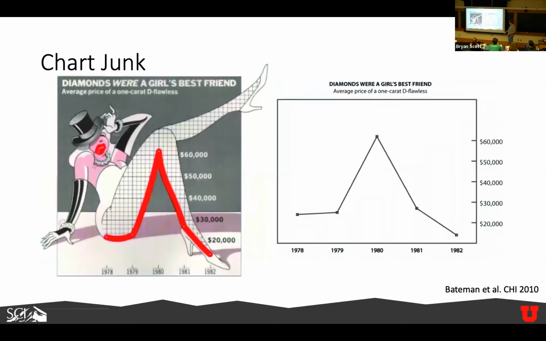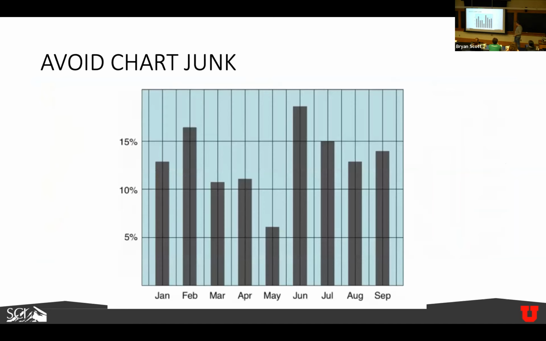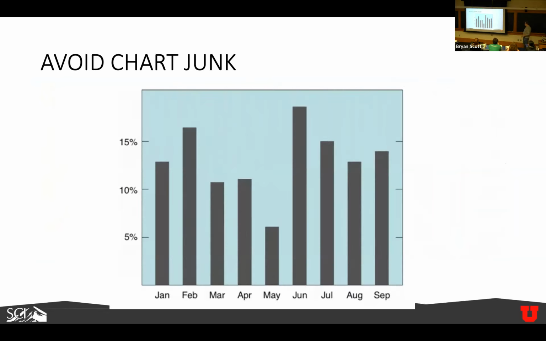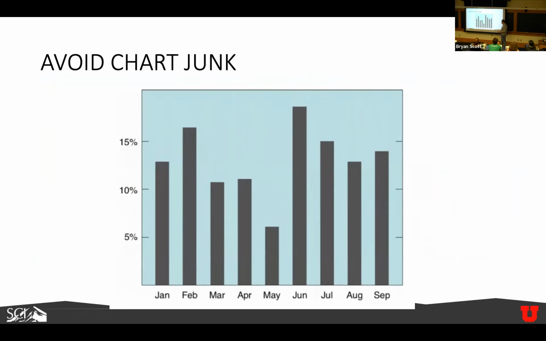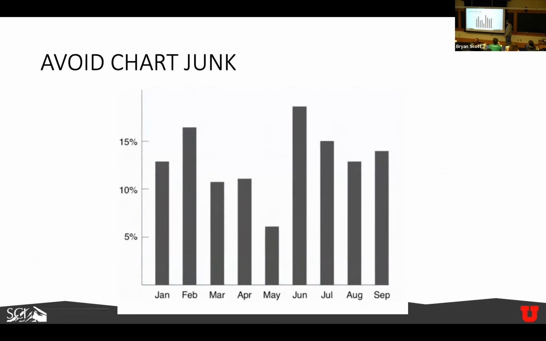Okay, here's your line chart for the thing on the left again, pretty similar. So Tufte says avoid chart junk. Chart junk can include extra stuff that you draw on the chart that's intended to help people read it, but really is just distracting. For example, these grid lines are distracting too much, so you want to remove the grid. The background here isn't really adding anything, just making it bluer, so get rid of stuff like the background.